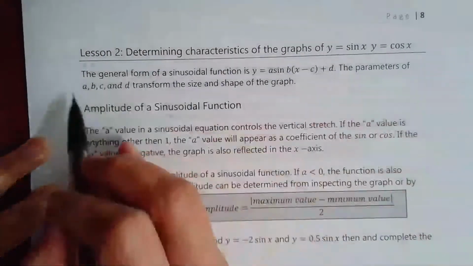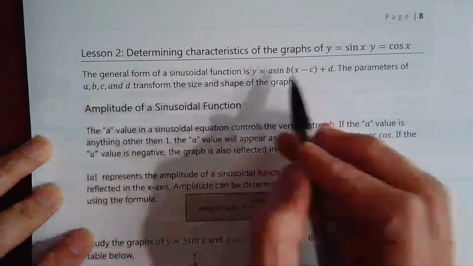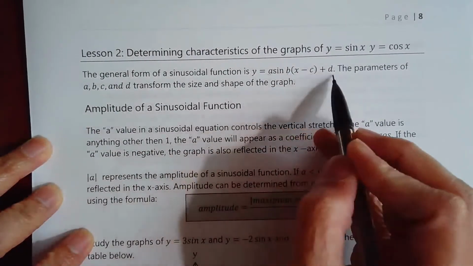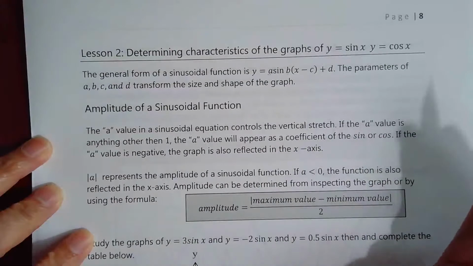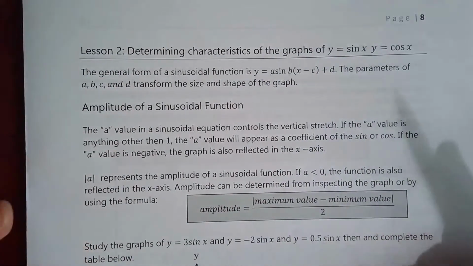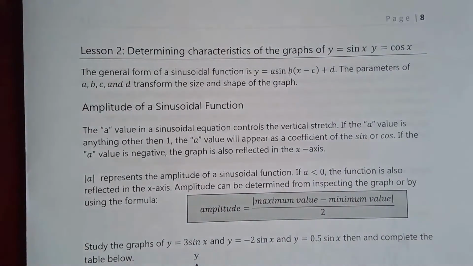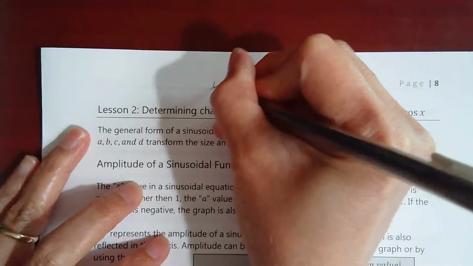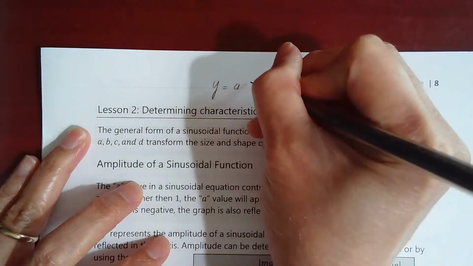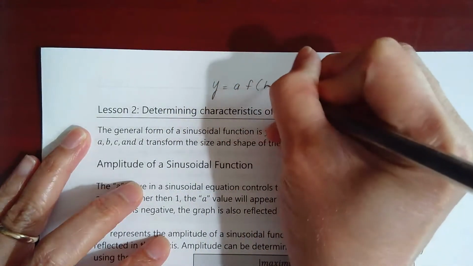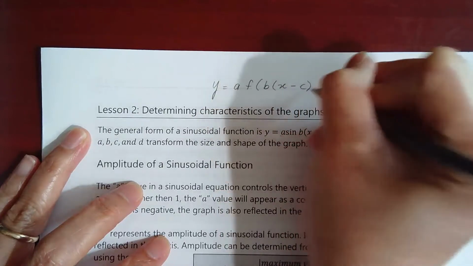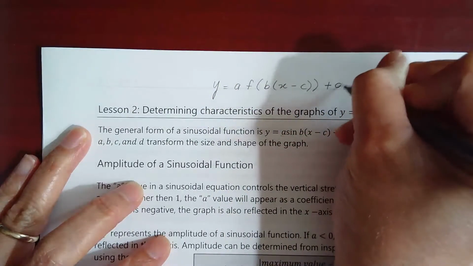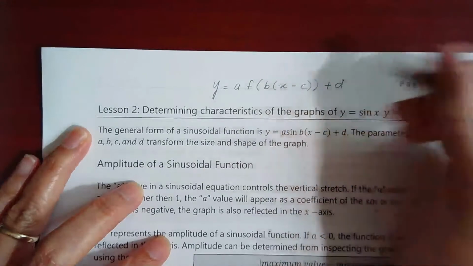So the parameters a, b, c, and d are the transformations. They change the size and shape of our graph. We've seen that before. When we looked at the transformation form before, we said y equals a f of b times x minus c, plus d.